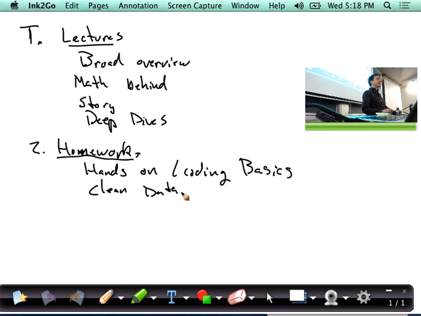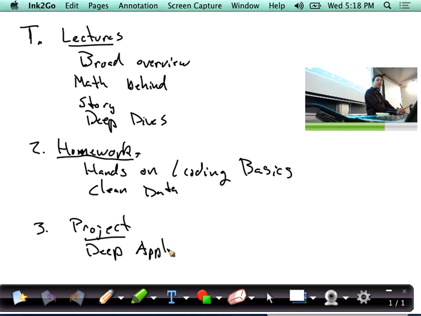I'll try and clean the data so it's easier to work with. This is in contrast to the project, which is a deep application, and the data is often dirty data. You'll have to see what it's like to work with whatever data you found on the topic. The homeworks, you'll see that.